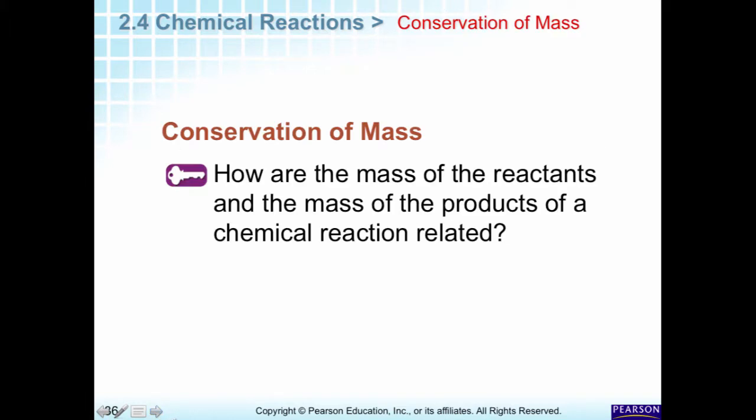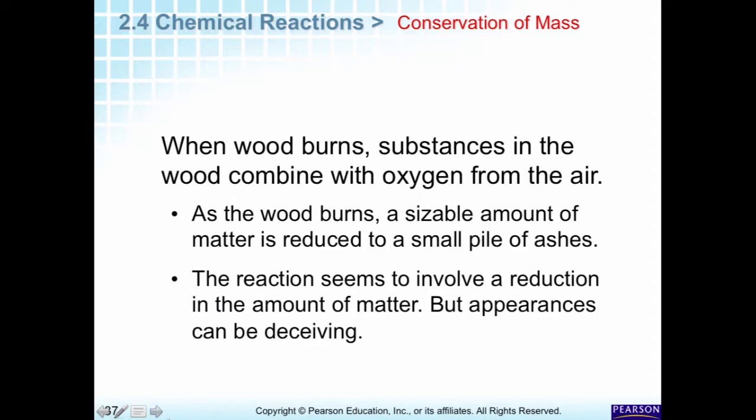Now we're going to talk about a law, conservation of mass. How are the mass of the reactants and the mass of the products of a chemical reaction related? If we burn wood, we end up with a small pile of ashes. If we put that on a balance, the ashes might not weigh as much as the wood did. Why?